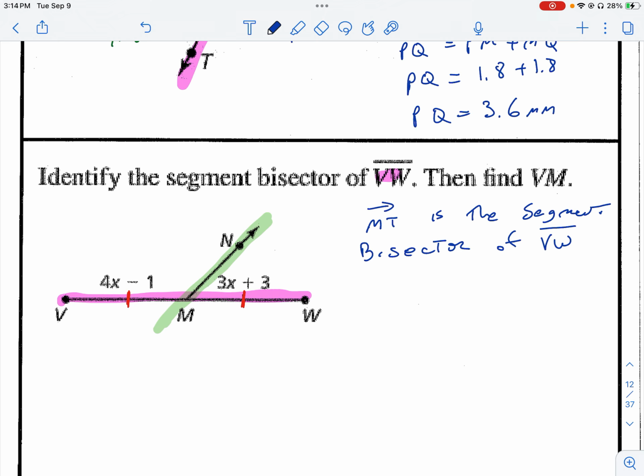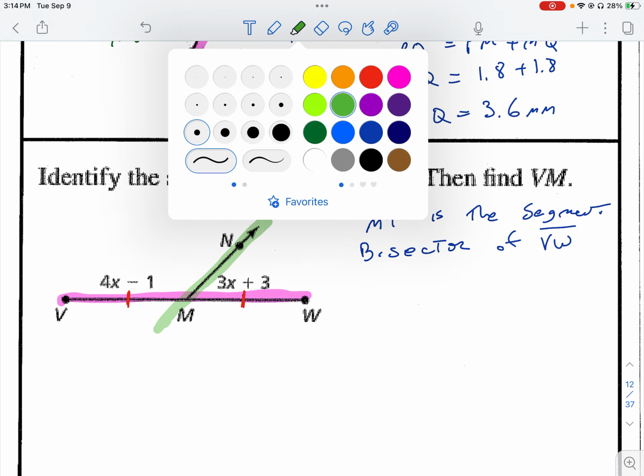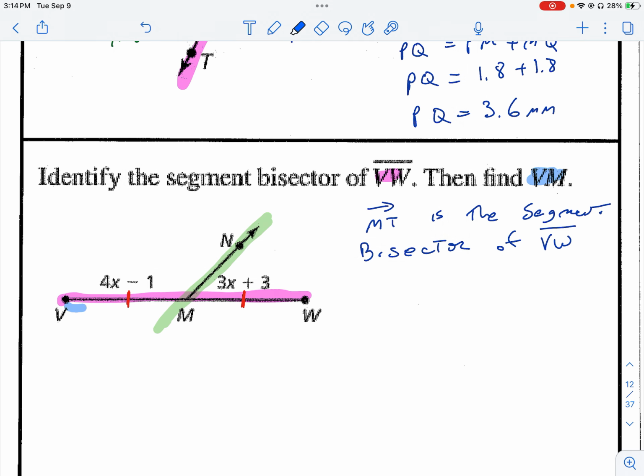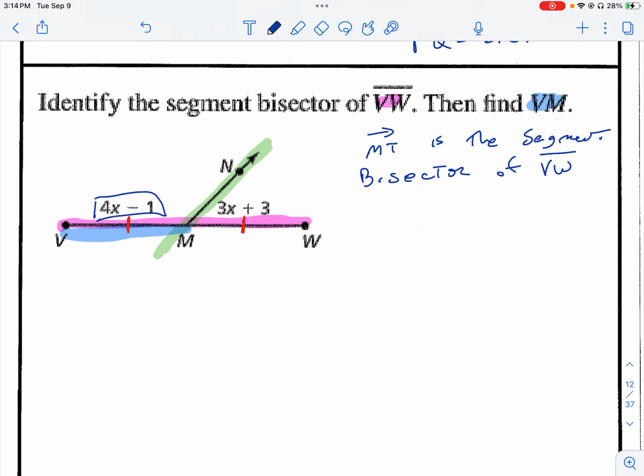Now we got to find VM. VM is this one right here. Okay, so VM equals 4x plus 1. So we need to solve for x. So to solve for x, we need x equals something.